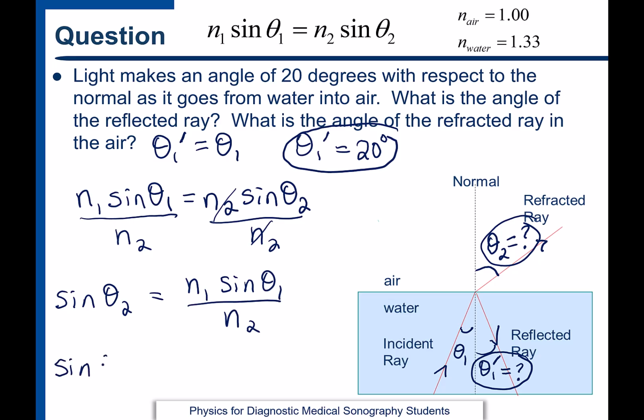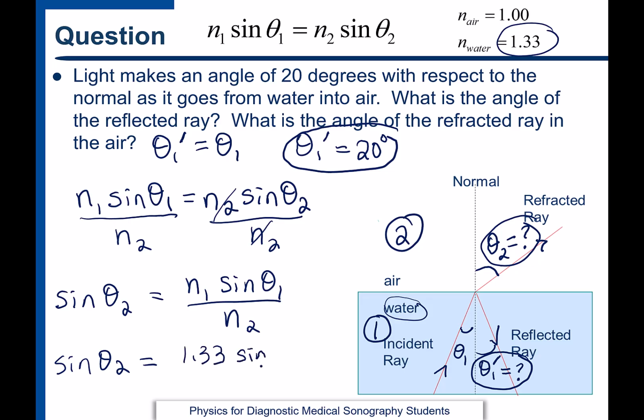Sine theta 2 is equal to N1. Now here you have to be careful. We're starting in the water and we're ending up in the air. So sine theta 2 is equal to N1, but that's the water, so that's 1.33 times the sine of theta 1, which is 20, divided by N2, but that's air, which is 1.